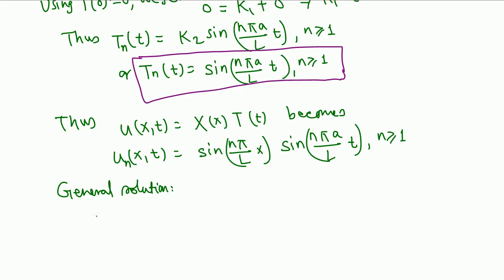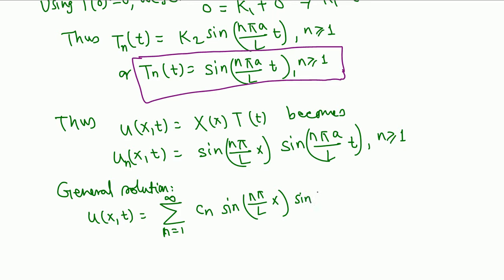So the general solution u(x,t) equals a linear combination of these solutions. So the sum, let's say n from 1 through infinity, of c_n u_n(x,t), which are sine of n pi over L x times sine of n pi a over L t.